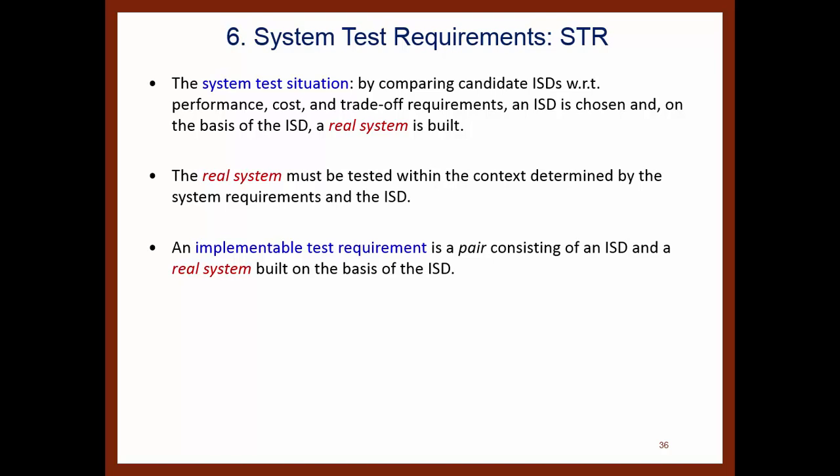Okay, so we are going to move forward with that concept. The real system must be tested within the concepts determined by the system requirements and the implementable system design. An implementable test requirement is a pair consisting of an implementable system design and a real system built on the basis of the implementable system design.